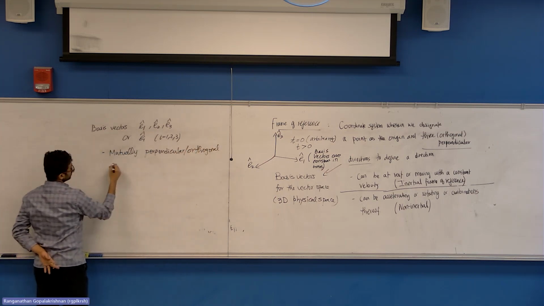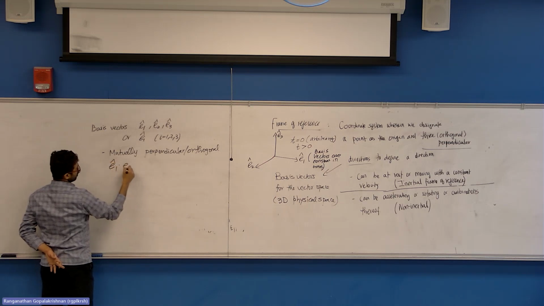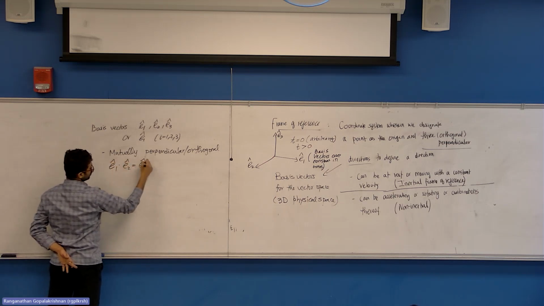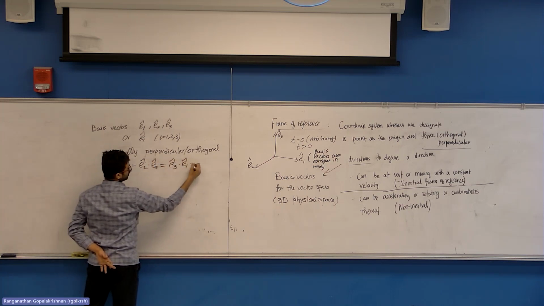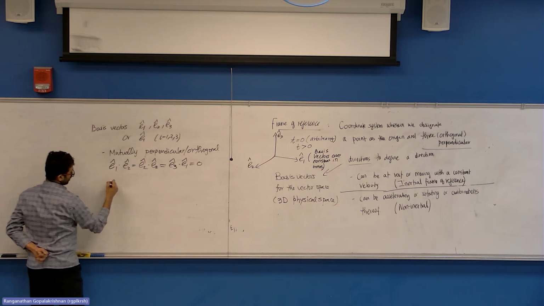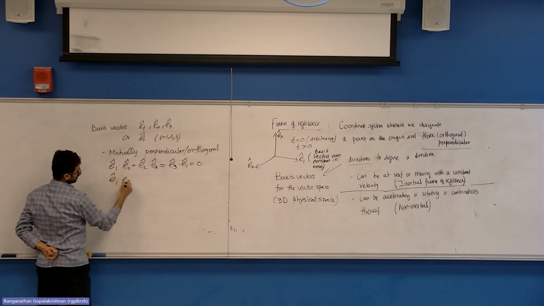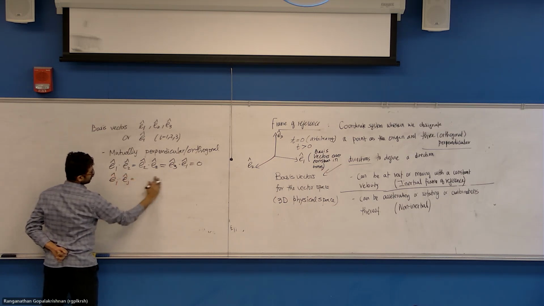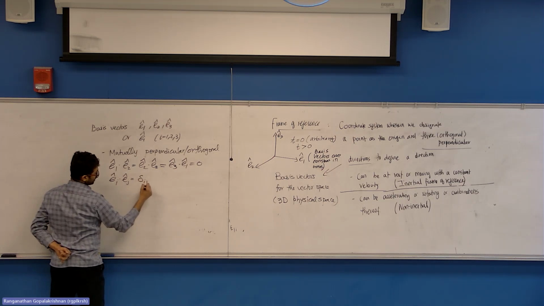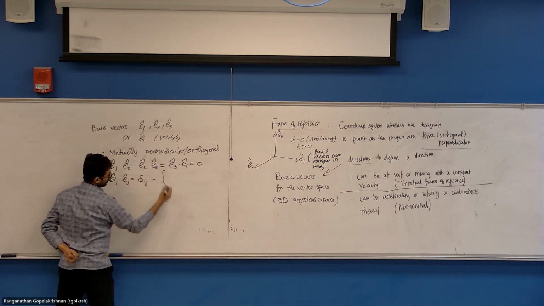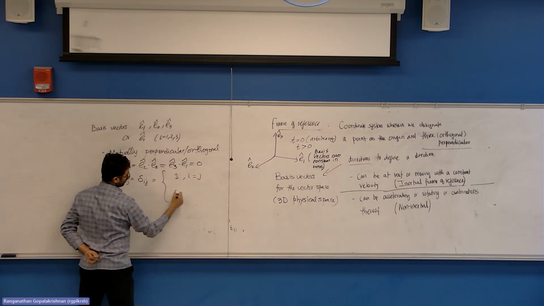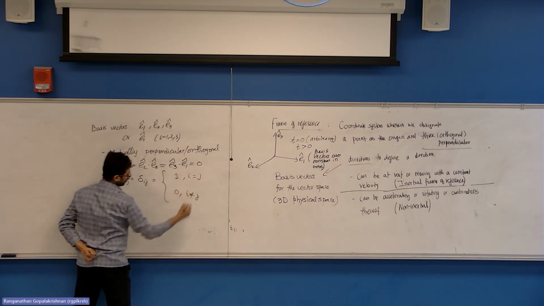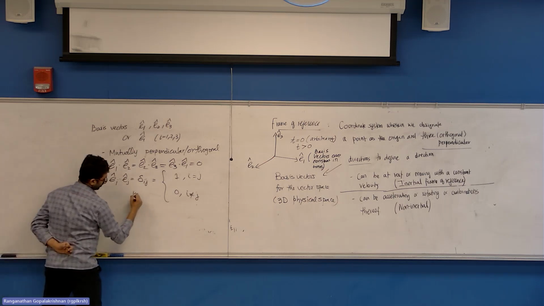What that means is E1 dot E2, E2 dot E3, E3 dot E1 is 0, or you can write Ei dot Ej equals delta ij, where this function takes a value of 1 if i equals j and 0 if i is not equal to j. And this function is called the Kronecker delta.